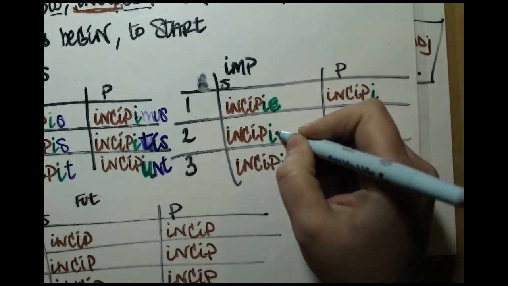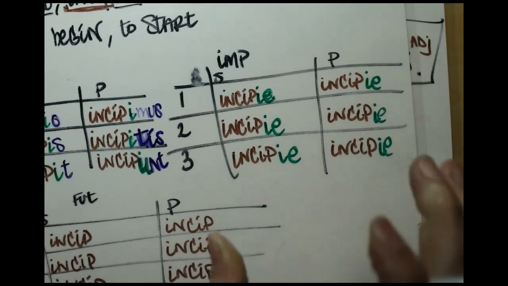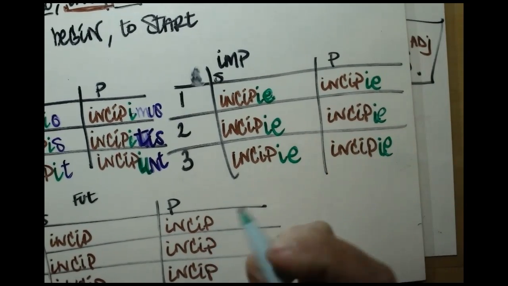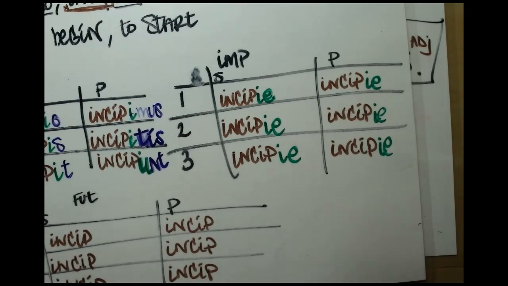So present has one vowel, imperfect has two vowels.